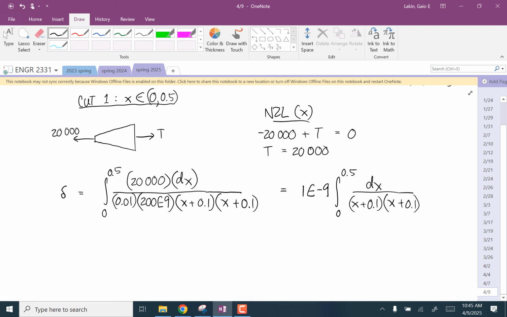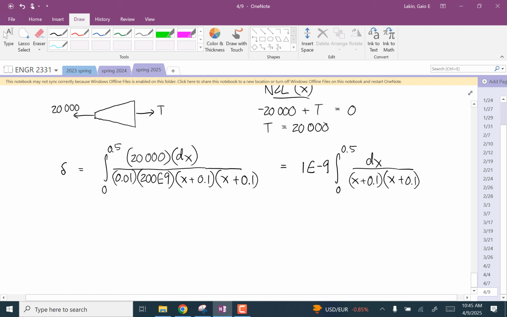Anyone have an idea how to do that integral? Multiply out the factor and then rewrite it as a multiplication with negative exponents. Probably the easiest way. Write it out as a polynomial? Yeah, with negative exponents.